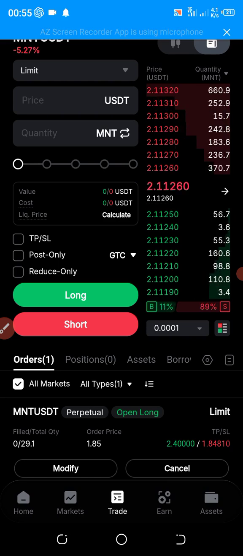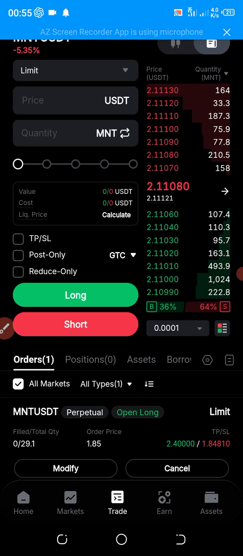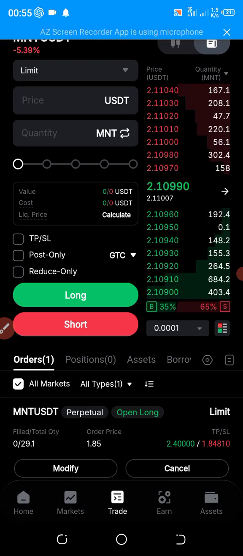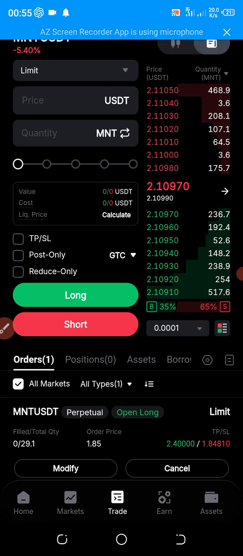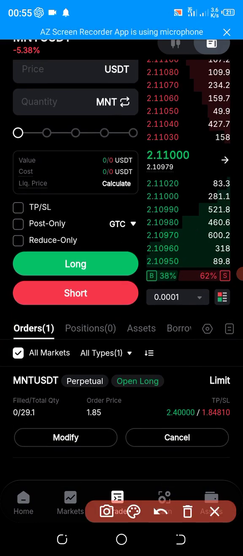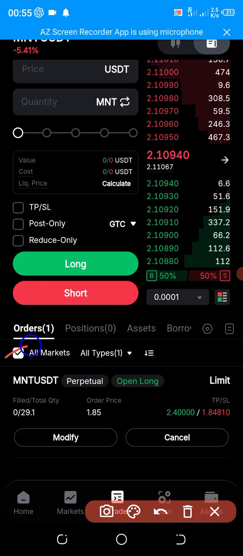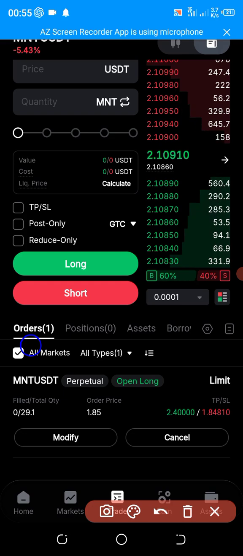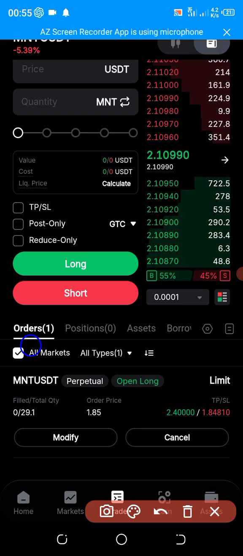Maybe you are following signals from a particular group. I'm not saying it's not good to follow signals, but you can actually learn how to get these signals by yourself. Now this is one signal. You can see the trade I just created, MNT. I got this MNT from ChatGPT. So I will show you how to do that.